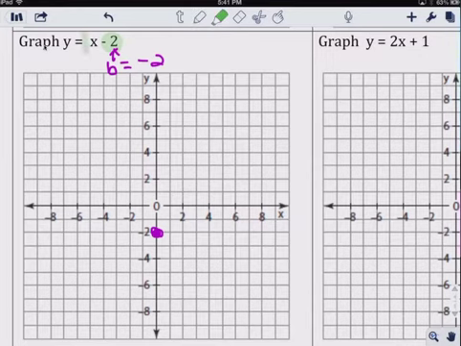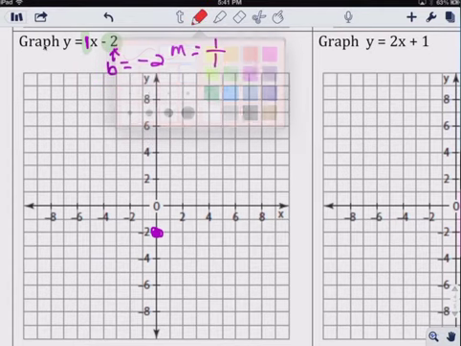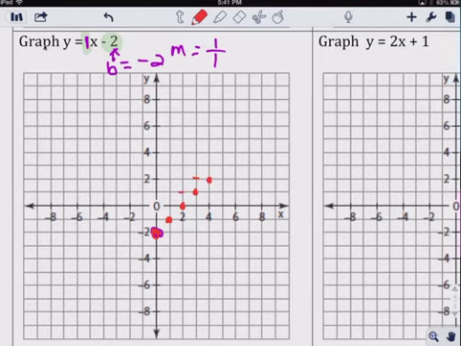The slope is the invisible 1 there, or rate of change. Your rate of change is 1 over 1, and in math they give it the letter M. So from here, you go up 1, right 1, up 1, right 1, up 1, right 1. Then down 1, right 1.